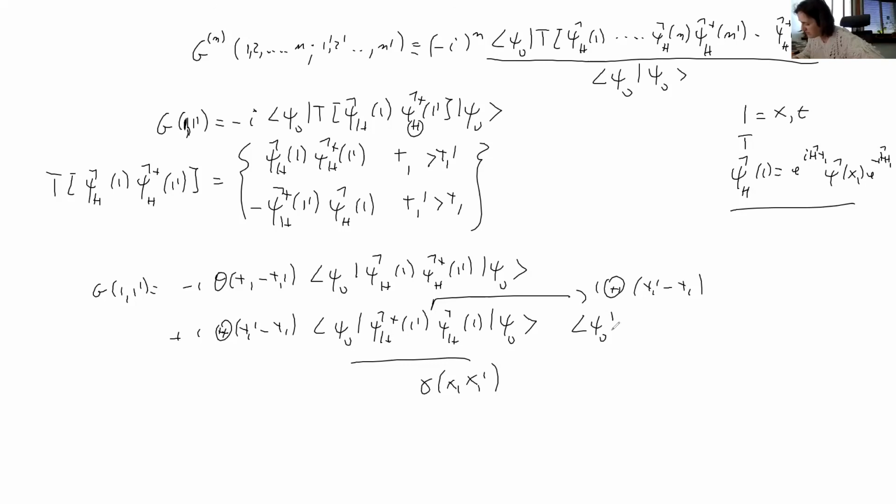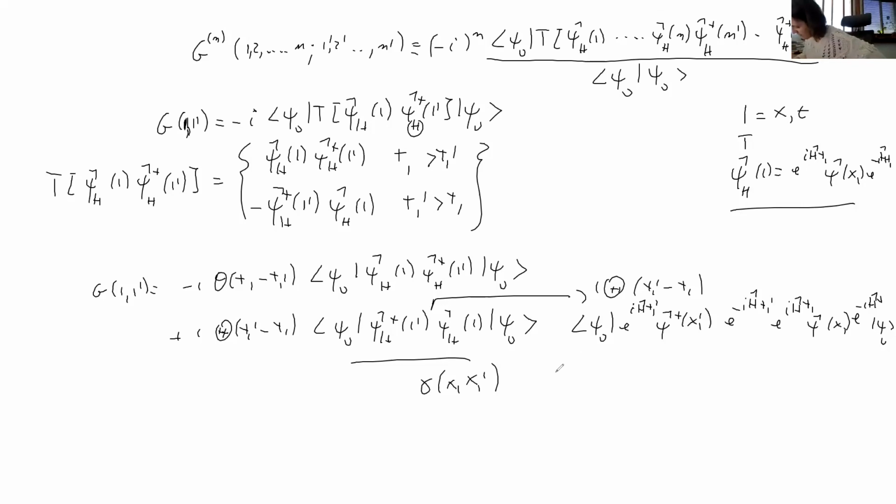So I have my psi 0, i H T1 psi dagger x1, then I have minus, T prime, and then I have my T1 psi x1 prime, and then I have e^{iHT1}, everything on psi 0. And now I like this because now I can act left and right here.